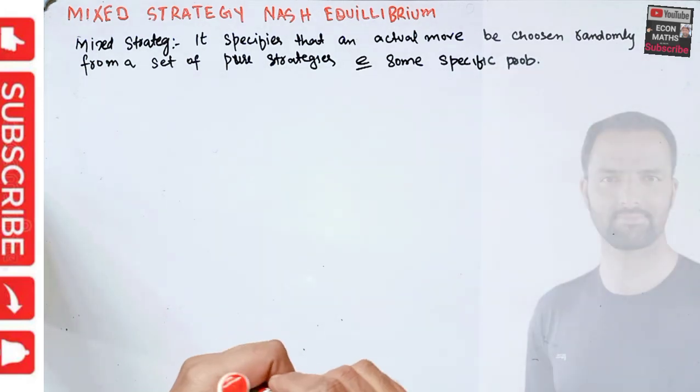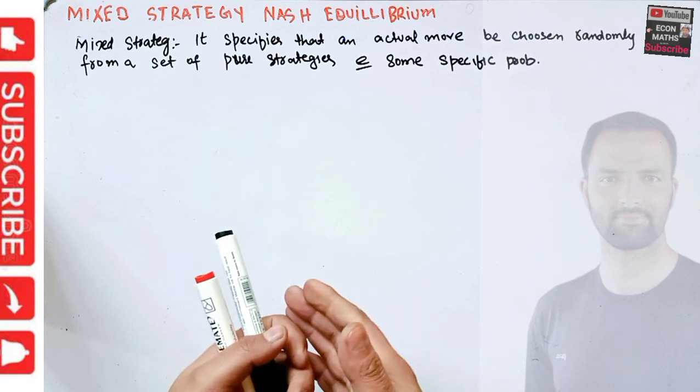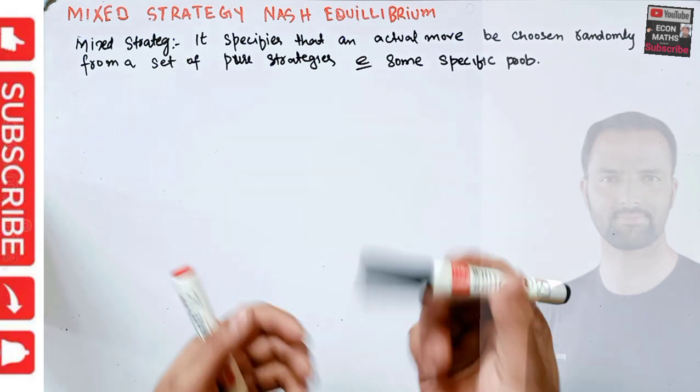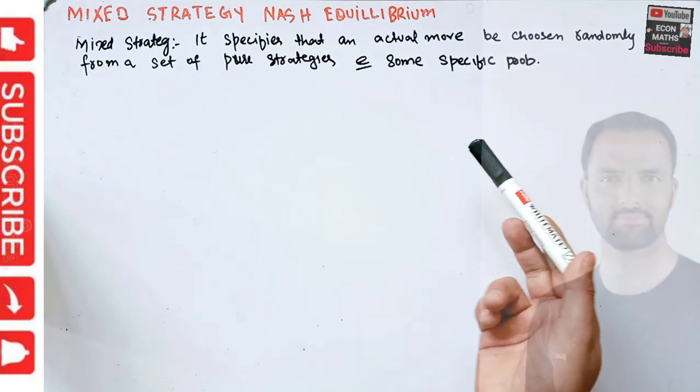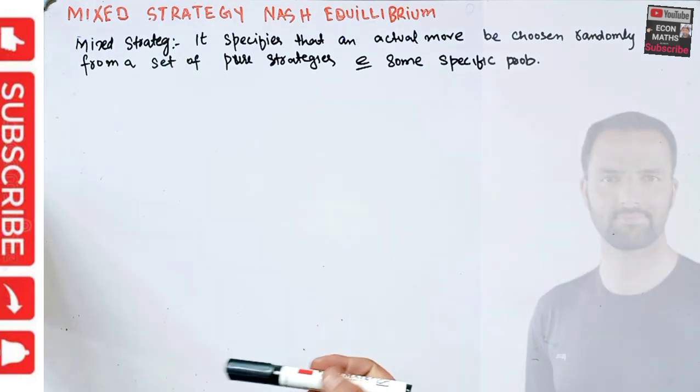So what does this mean? Whenever a player randomizes his strategies with probabilities associated with each strategy, we have a case of mixed strategy.